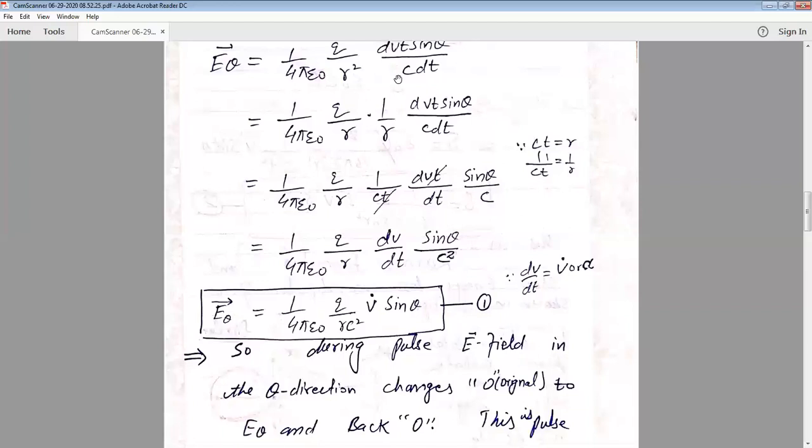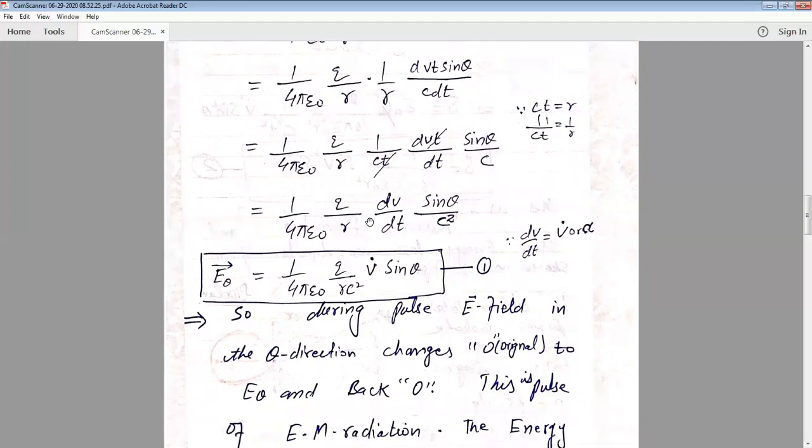Put this value here. अगर हम यहाँ पे वैल्यू पुट करते हैं 1 over r की, then this equation becomes this. Now there is some simplification needed. Then we cancel t with t, and this equation becomes this after simplification.